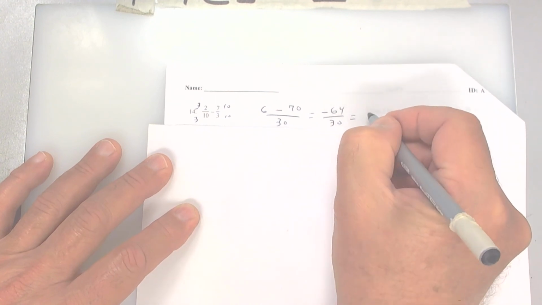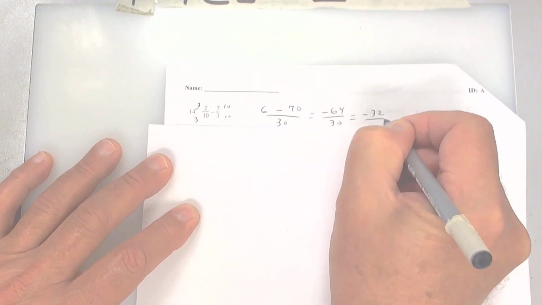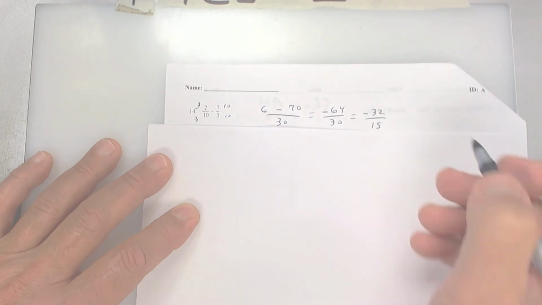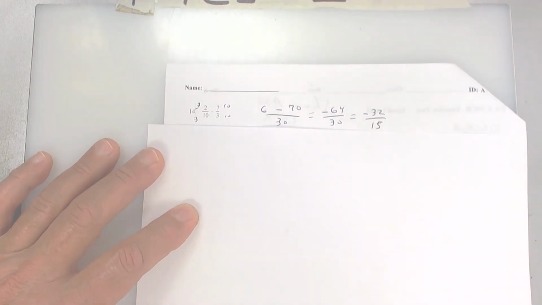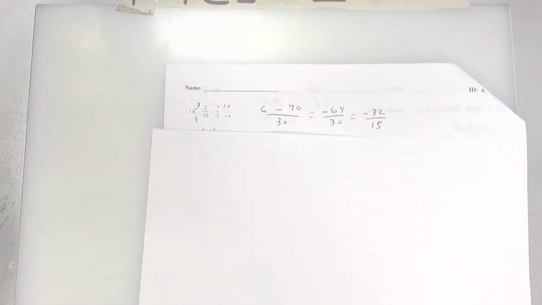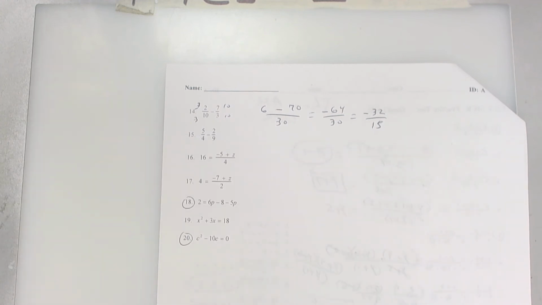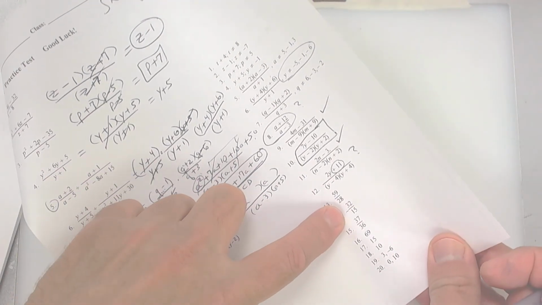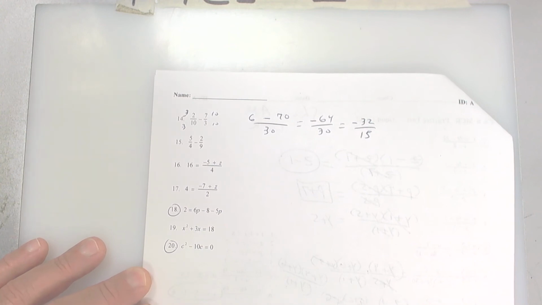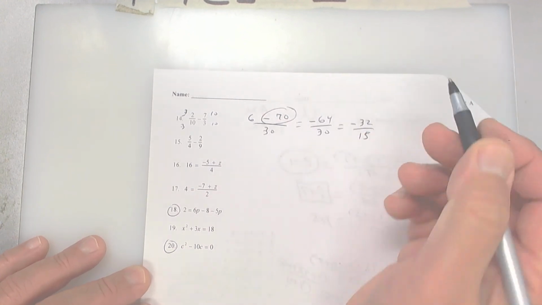So divide by 2, you're going to get a negative 32 over 15. And I don't think 3 is going to go into 32, so you can't use 3. So for number 14, we get negative 32 over 15. Let's just check it. All right, they have a positive 32, so let me just check my numbers here. Number 14, 10, 70. I see that they're making some mistakes here because that definitely is a negative.